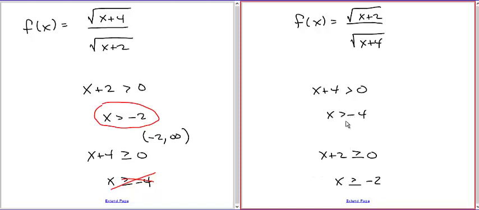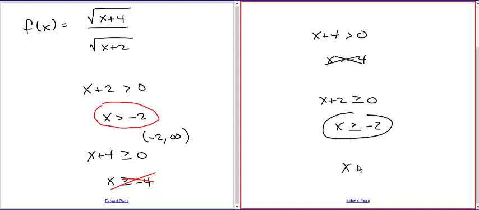So -4 isn't in this interval, so this one's the one that applies. This one doesn't count, because if you had x between -4 and -2, it's still going to be less than this value. So in this case, x is greater than or equal to -2. Okay, so that's kind of how these things work.